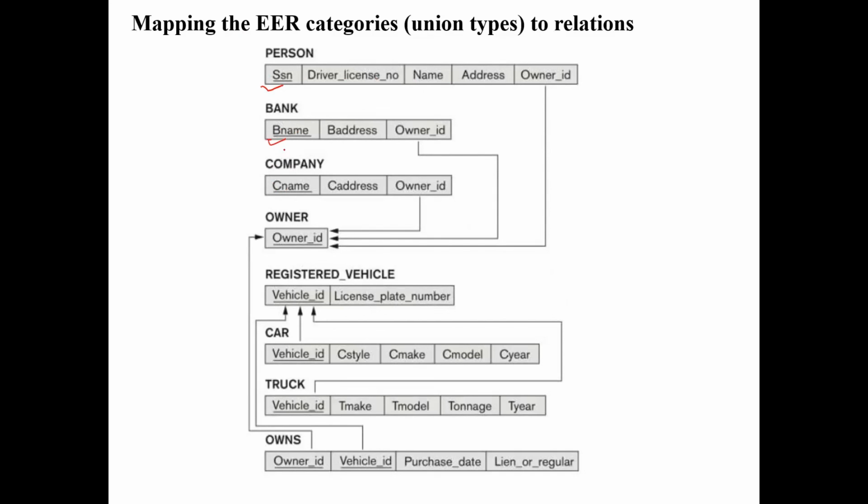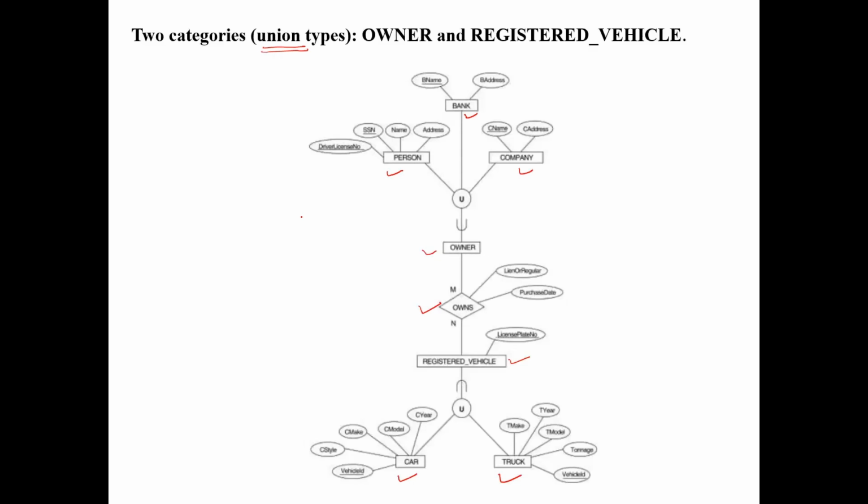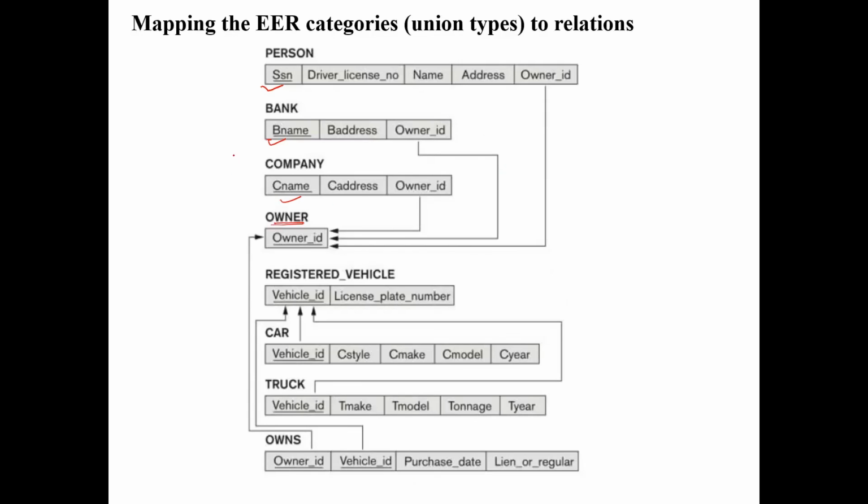Bank has a bank name and other attributes. Company has a company name and other attributes. Now here we have created owner, which is a union of all these different superclasses. In this owner, we have added a new attribute called the owner ID. It is also called the surrogate key, which defines who is the owner of the registered vehicle.